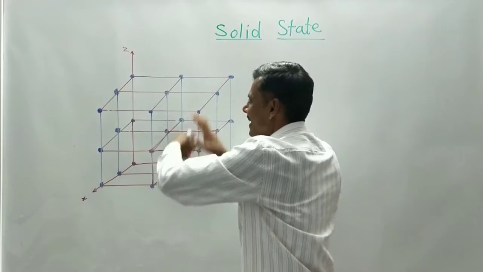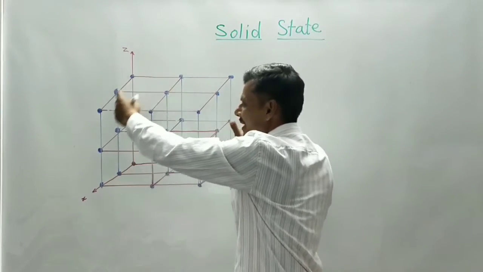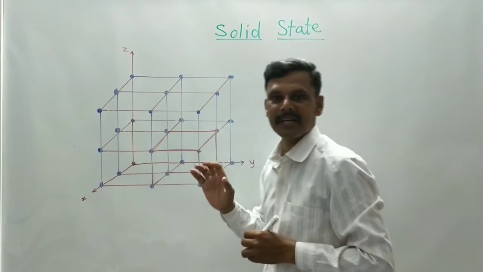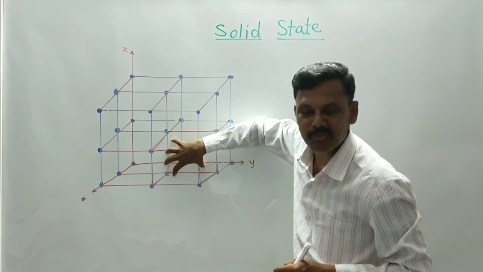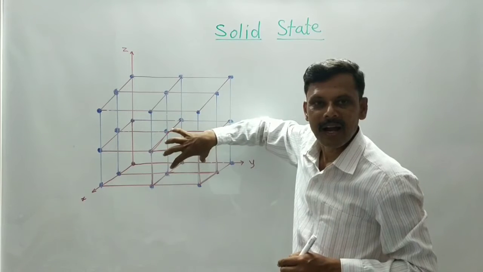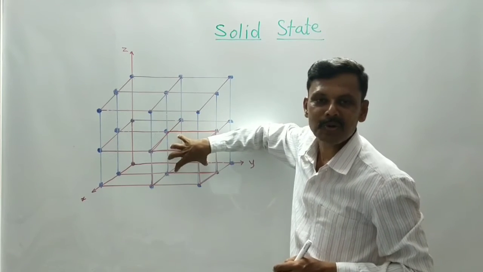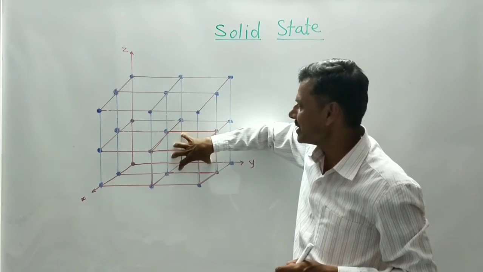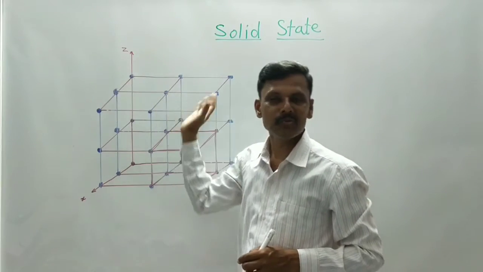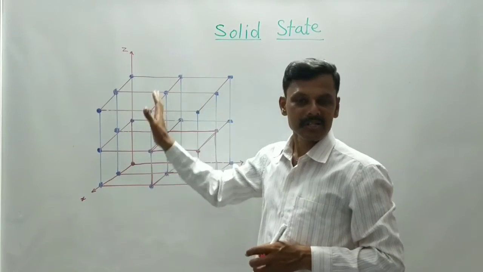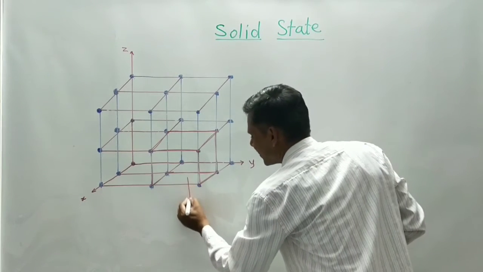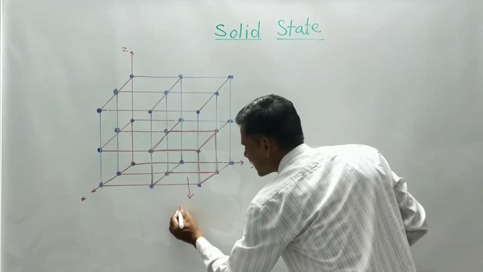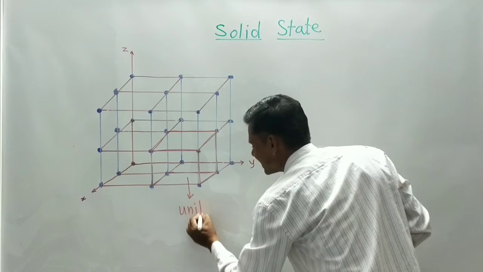Whatever the whole entire crystal, the entire geometrical shape, the same shape has this smallest unit. And friends, this smallest unit which gets repeated to form this crystal, to form this geometrical shape, we call it the unit cell.